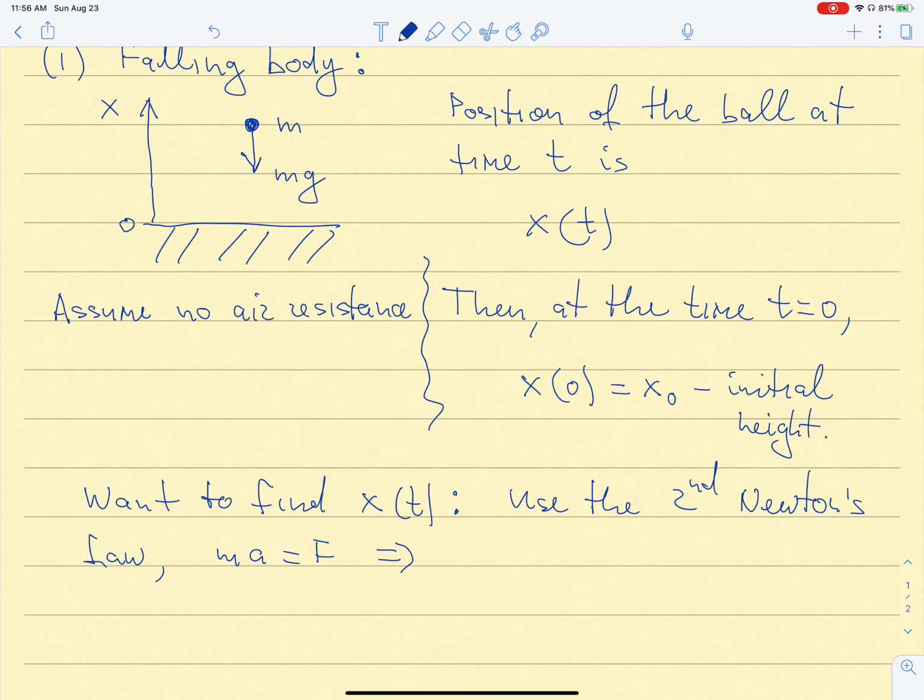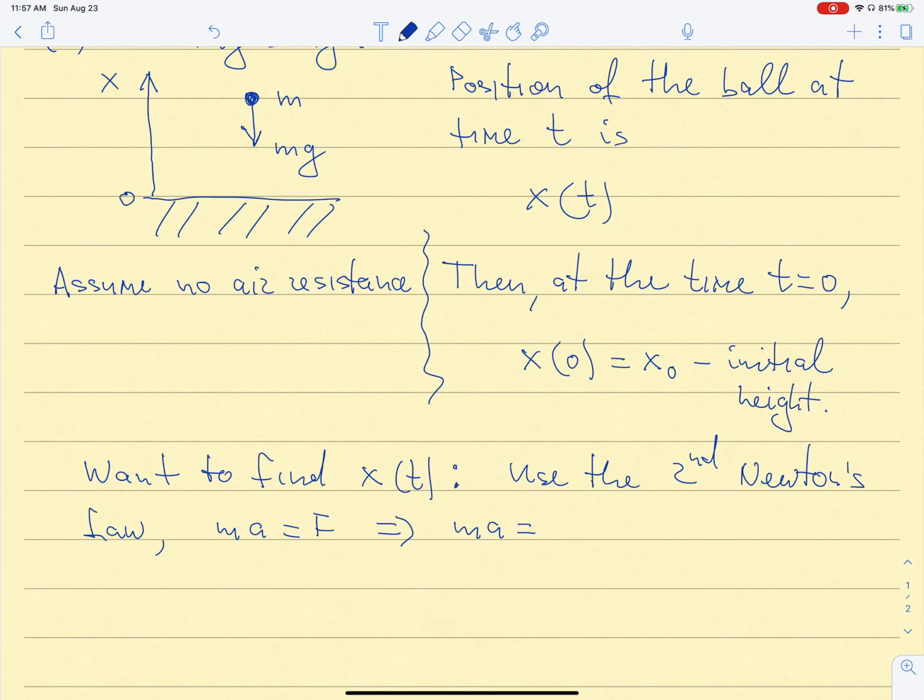We know that mass times acceleration must be the same thing as a gravity force. So in this case, notice that the gravity force is acting in a direction opposite to the direction of x-axis. So the gravity force must be equal to minus mg. And so we can cancel m because clearly the mass of the body is not zero. If it was zero, then gravity is irrelevant. And so what we get is that a is equal to minus g.